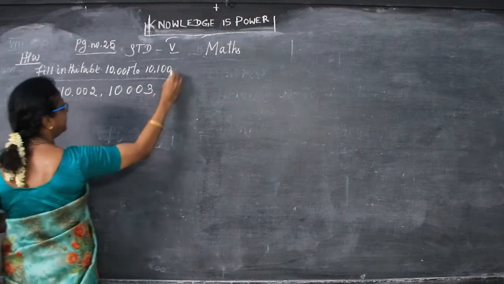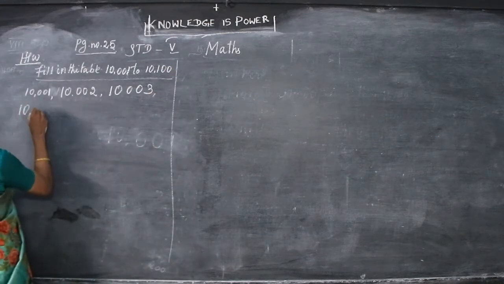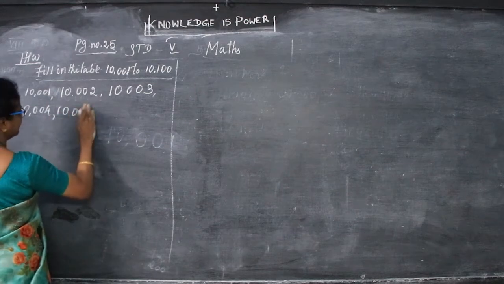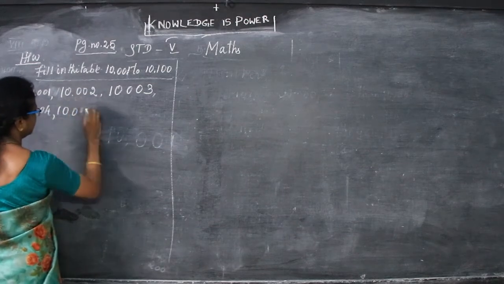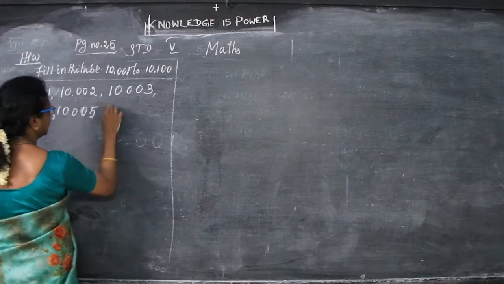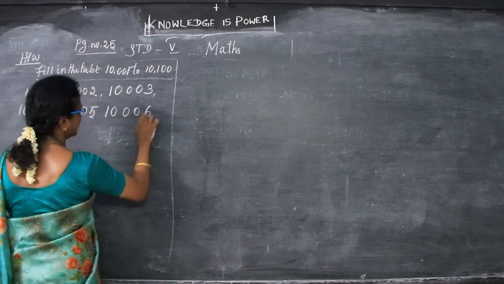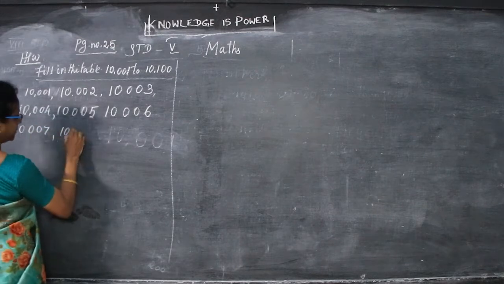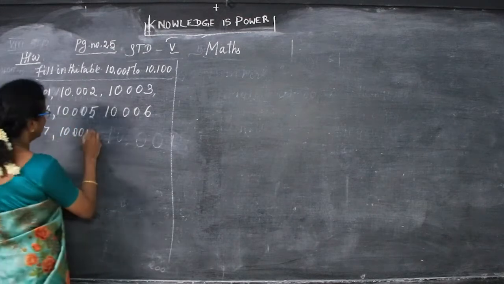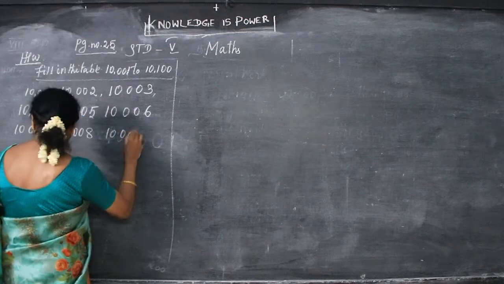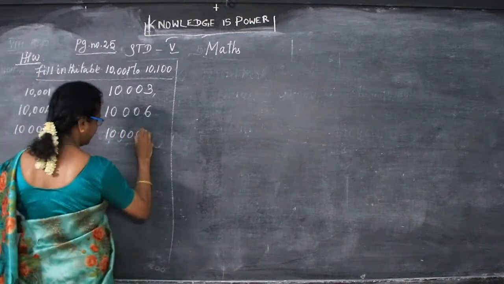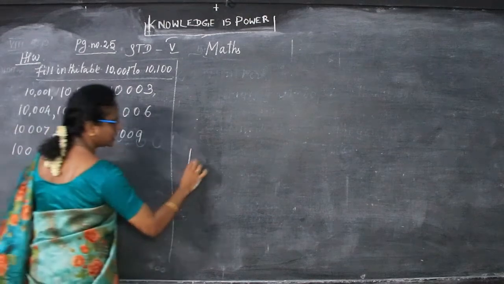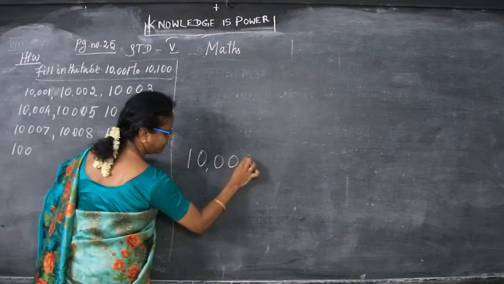So like that you can write 10,004, 10,005, then 10,006, 10,007, 10,008, 10,009, 10,010. So when 10,010 comes, we write 10,000 like this, right?